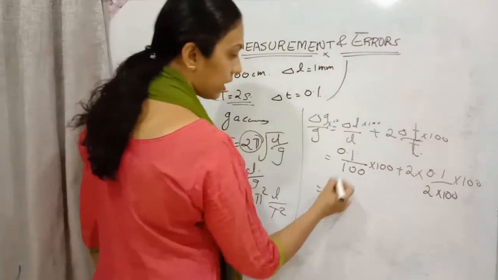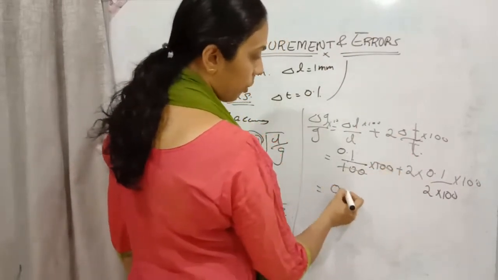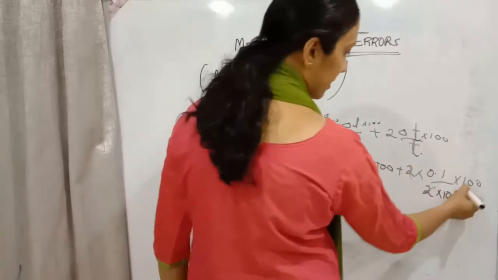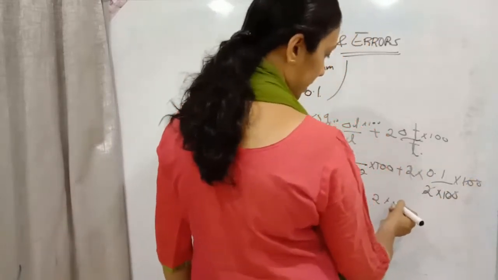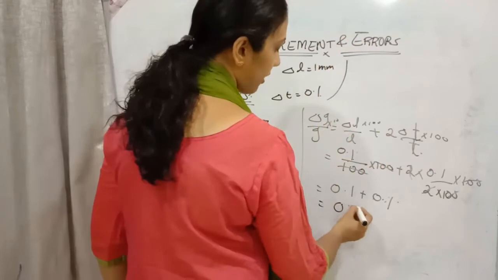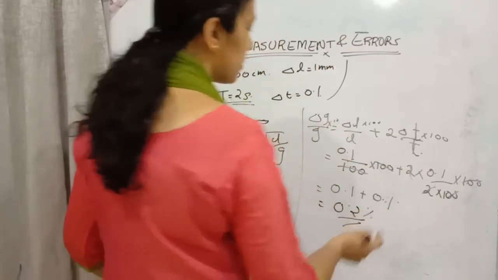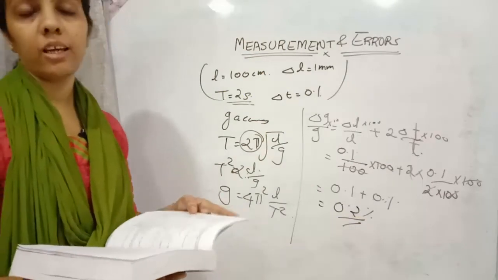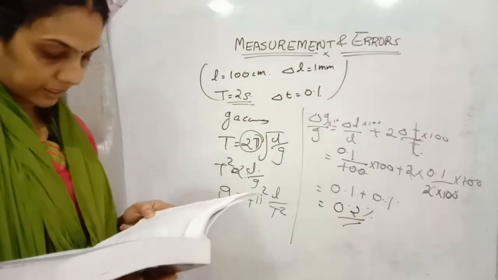While calculating, we get 0.1 plus 2 into 2, and the 2 will get cancelled. So the final answer we are getting is 0.2 percentage. It is option A, 0.2 percentage.